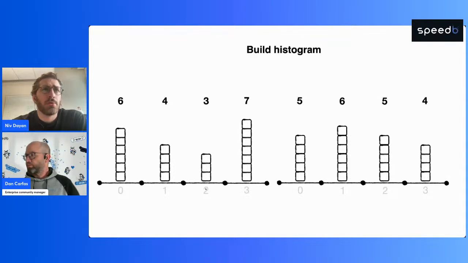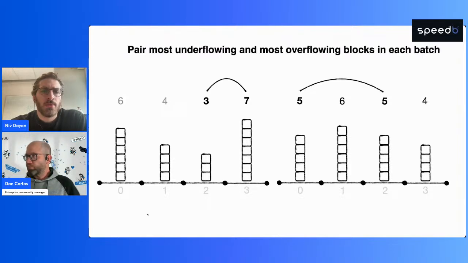So what we're now going to do is build a histogram that tells you how many entries have been mapped to each one of those blocks. The number above each one of the blocks tells you how many entries have been mapped to them. Now that the histogram is built, we can conceptually pair the most underflowing blocks with the most overflowing blocks in each one of the batches.